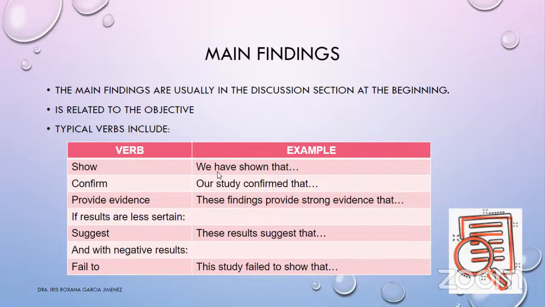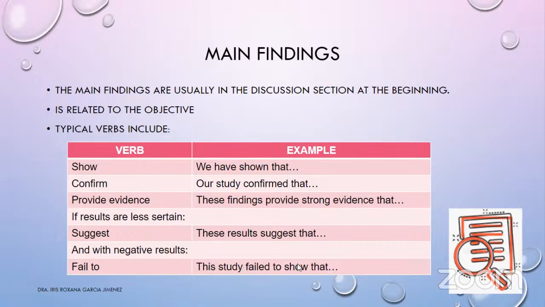Show, we have shown that; confirm, our study confirmed that; provide evidence, these findings provide strong evidence that; or if results are less certain, you can say suggest, the results suggest that, or suggested that; or in a negative result, we can say fail to.